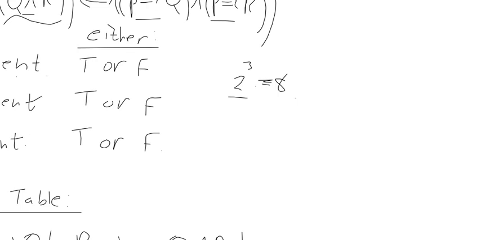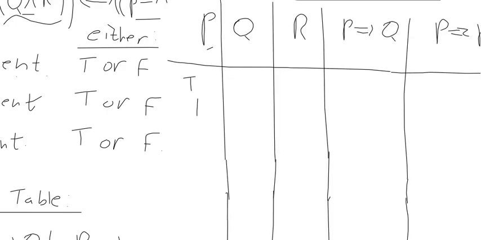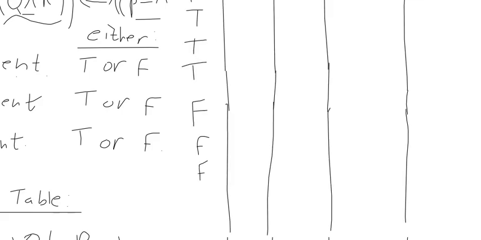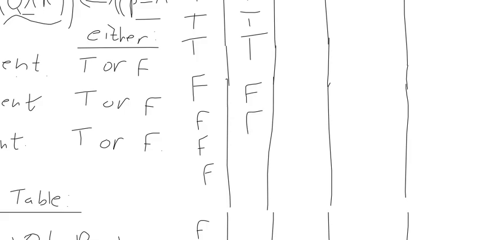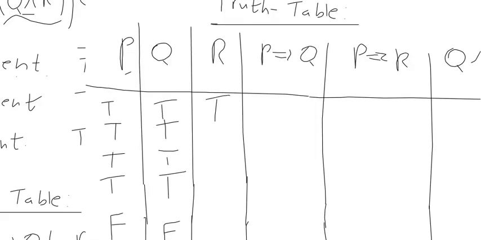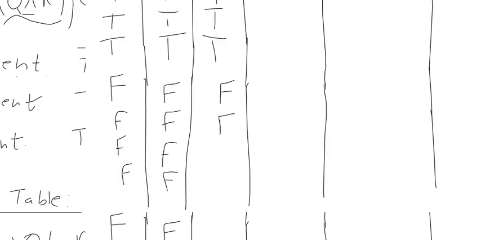Okay, so let's look at statement P. It will be true, true, true, true, only 4 truths because the other half has to be falses. False, false, false, false. They sum up to 8. Next one for Q, true, true, true, true, false, false, false, false. R again, true, true, true, true, false, false, false, and then false.